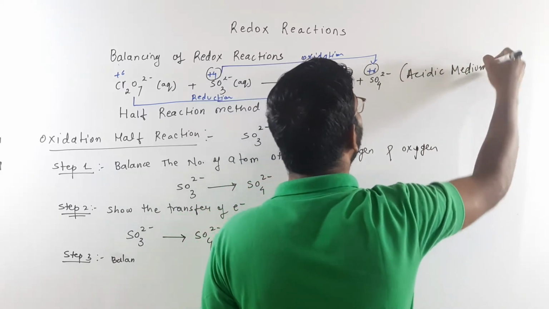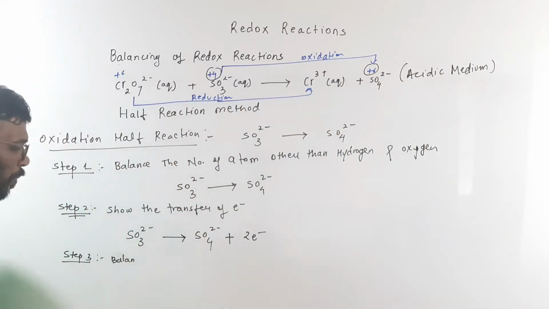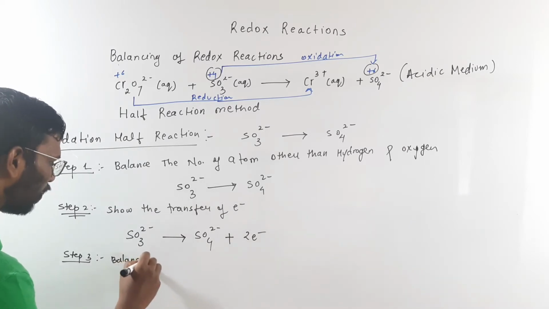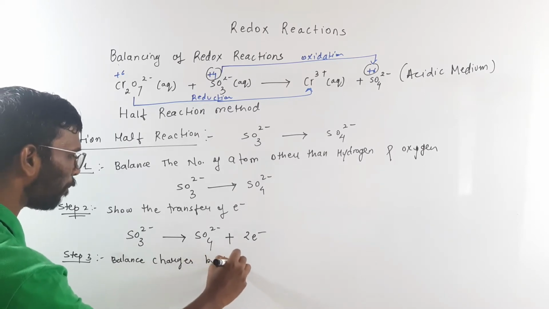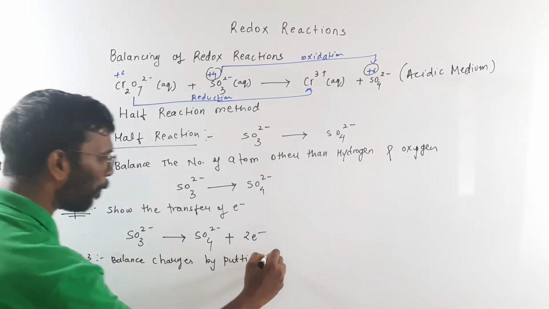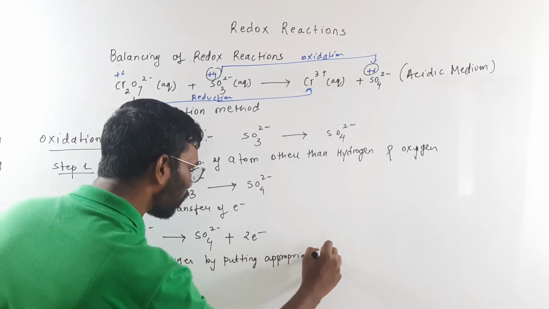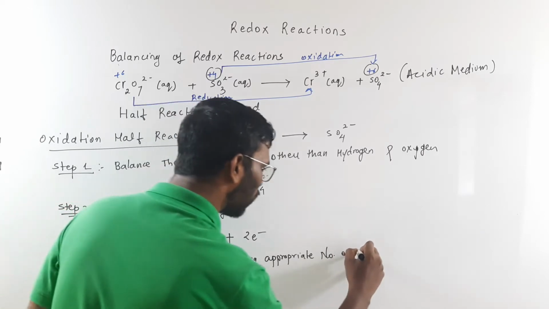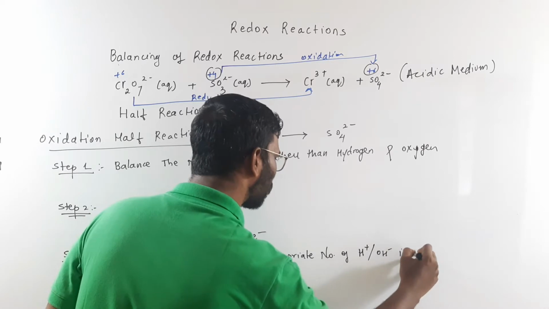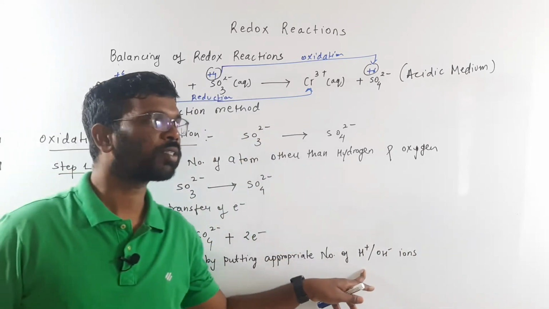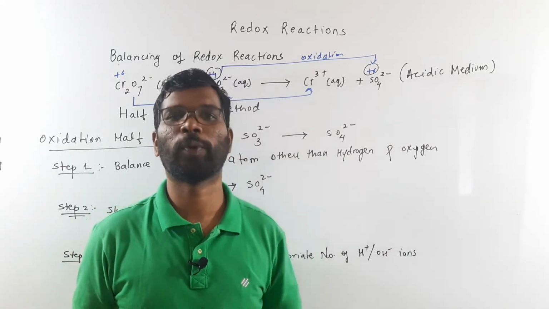If you are told the medium is acidic, at step 3, balance the charges by putting an appropriate number of H plus or OH minus ions. If it is an acidic medium, you will put H plus, and if it is basic, you will put OH minus.